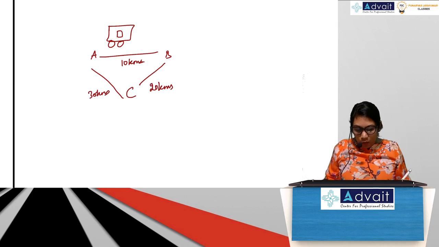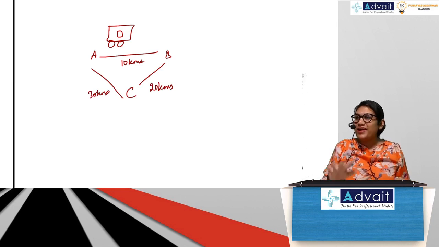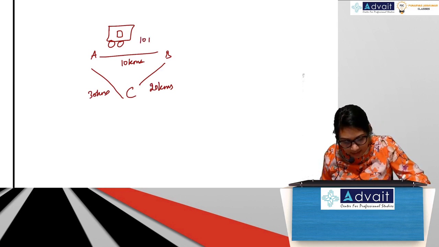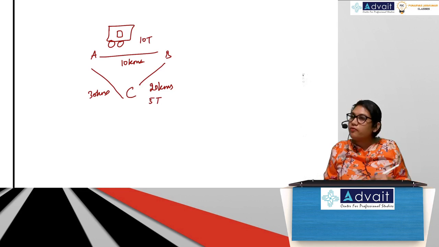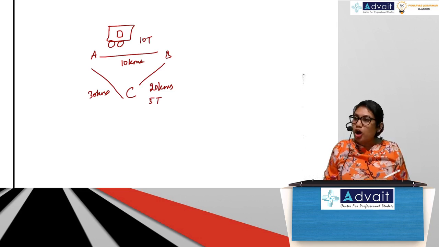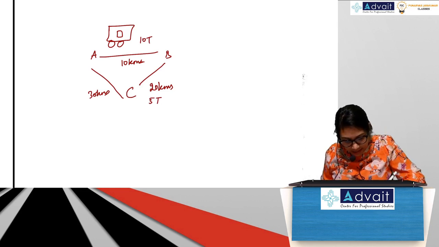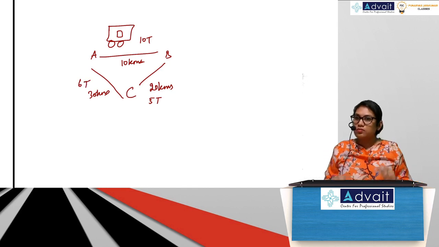Now when the lorry is going from A to B, it is carrying 10 tons. When the lorry is going from B to C, it is carrying 5 tons. And when the lorry is going from C to A, it is carrying 6 tons.